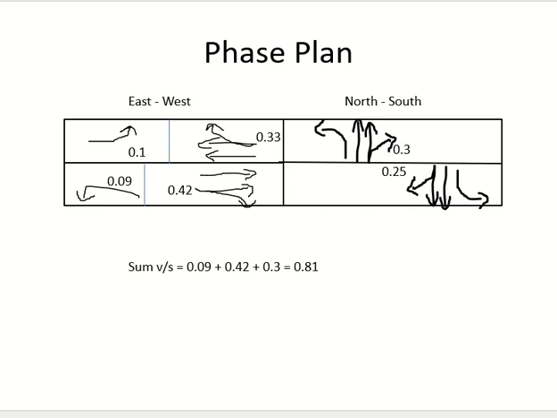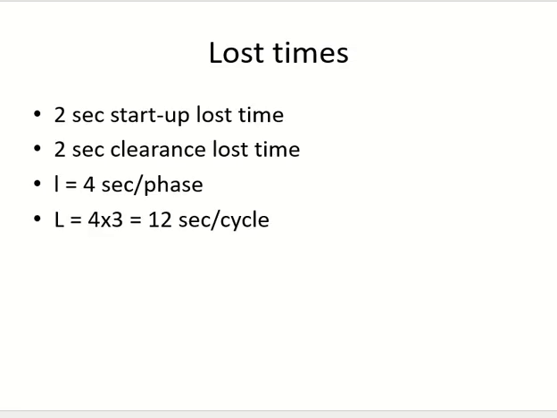This plus this plus this. The rest are overlapping, right? So lost time is 3 times 4, 12 seconds. 2 seconds each one of them, total 4 seconds for the phase, and I have 3 phases for which I will add.